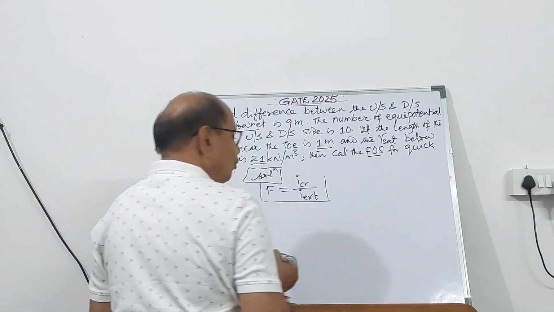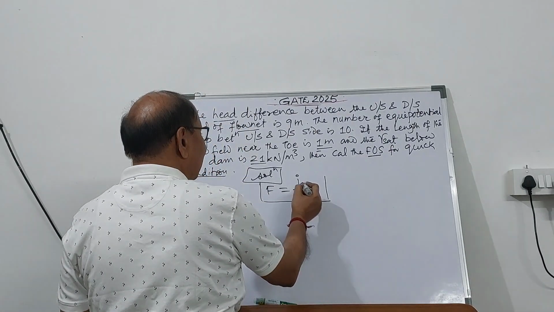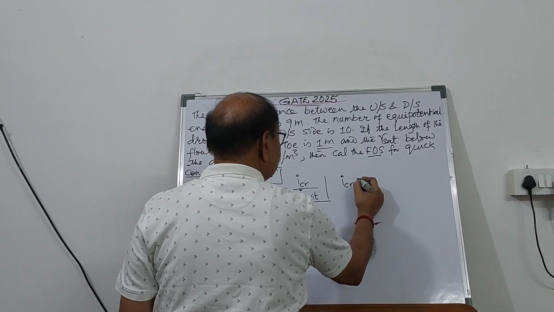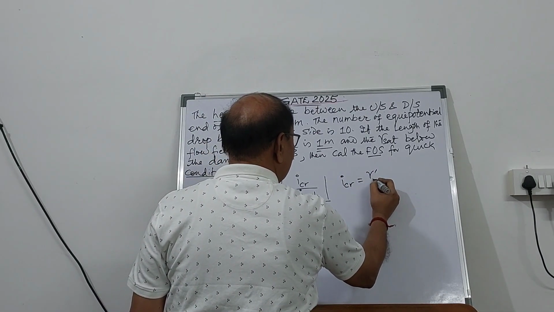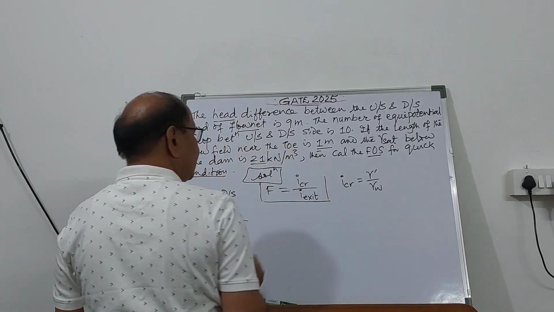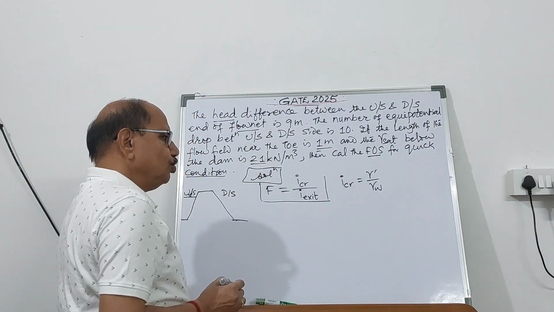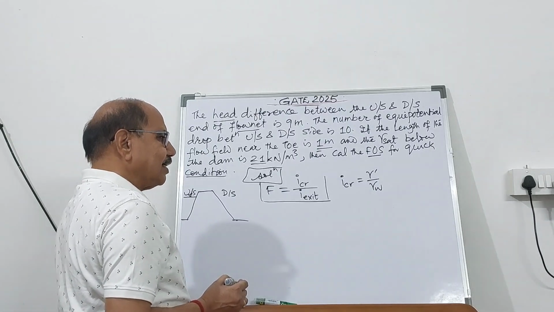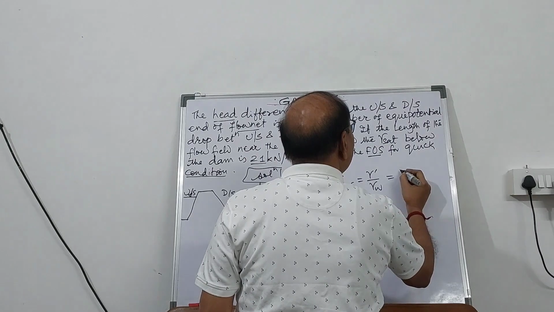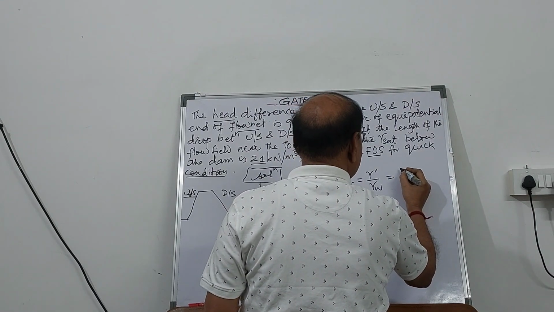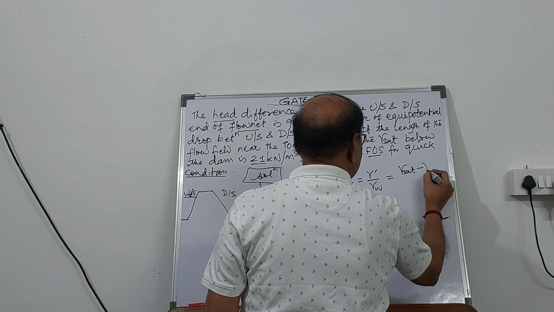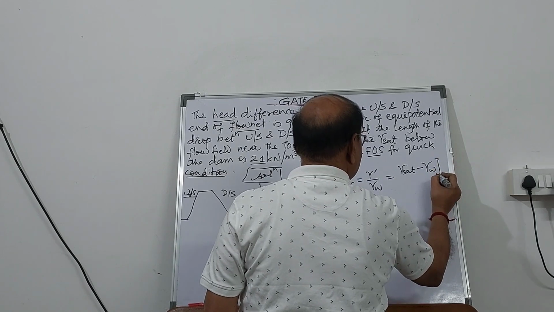Now, what is this value of I critical? I can calculate it. You know it: it is gamma prime divided by gamma W. So in the numerator, the critical hydraulic gradient is given by this. Now I already know the saturated unit weight, and I know the unit weight of water.